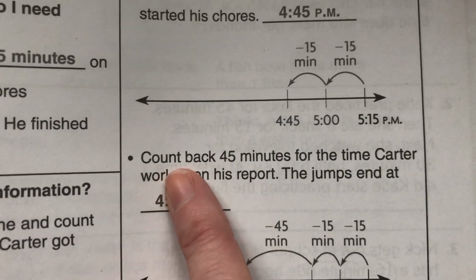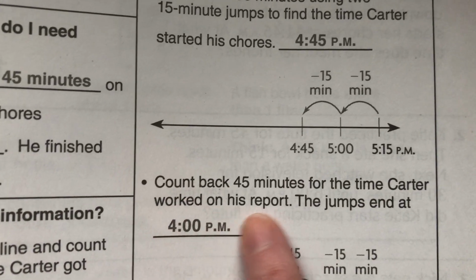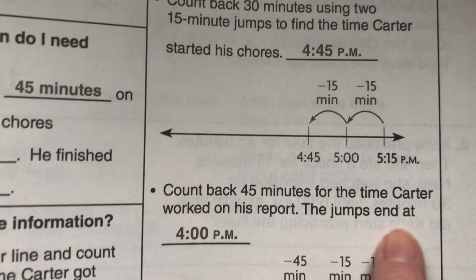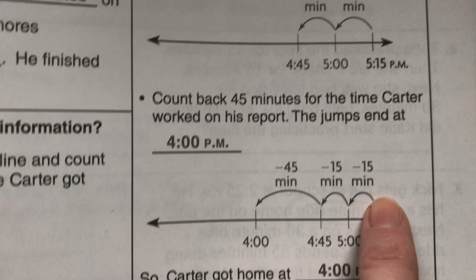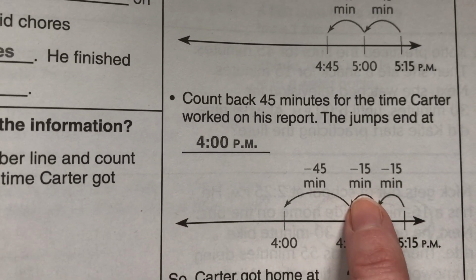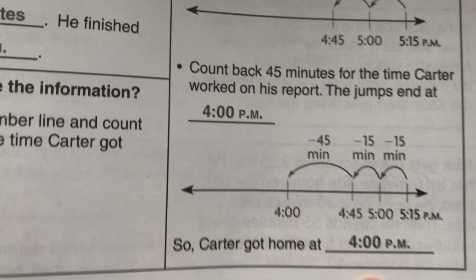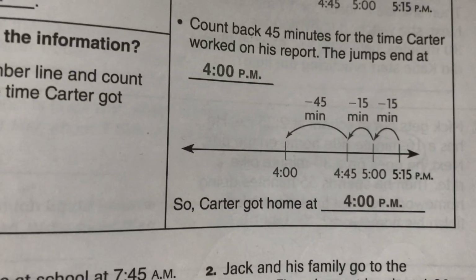Then count back 45 minutes for the time Carter worked on his report. The jump ends at 4 o'clock. So they're saying we're moving back. There's where he did his chores. Then here's where he did his book report. And if we put all of that together, he got home at 4 o'clock p.m.